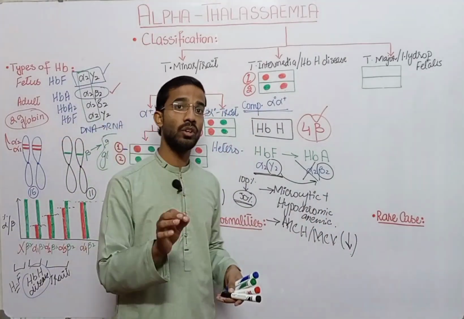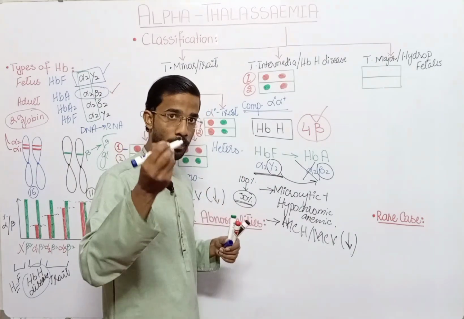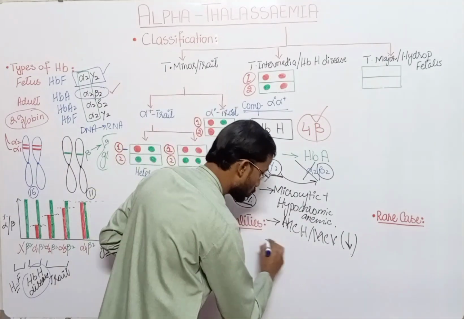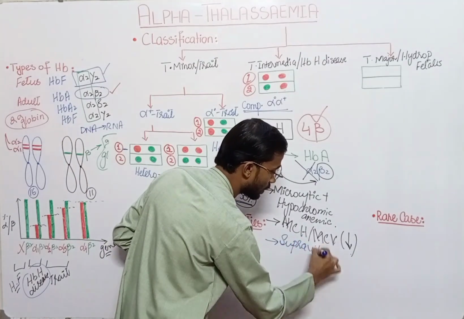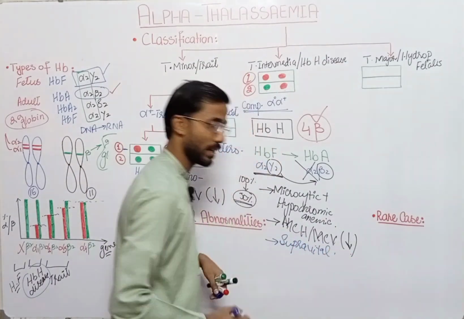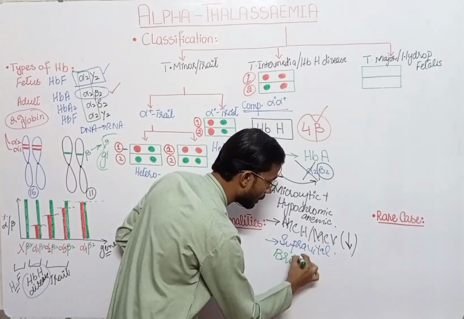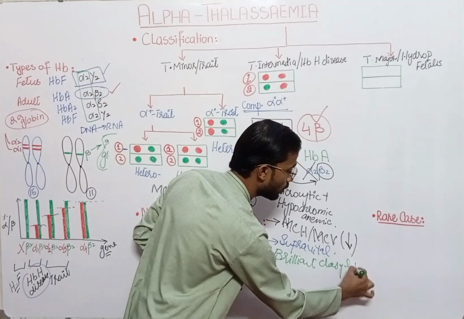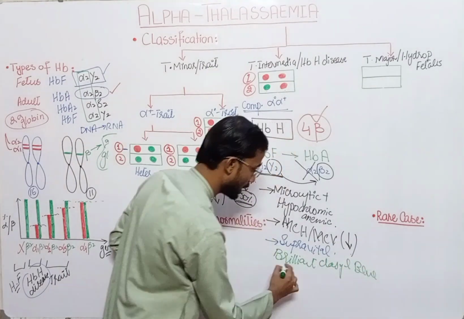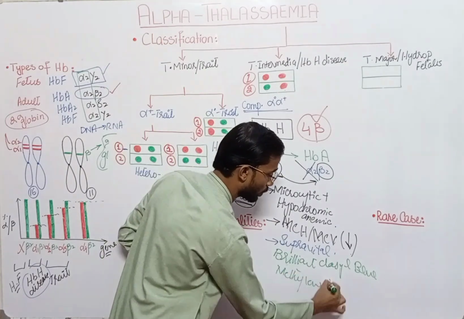And you can diagnose it in two ways. First, in microscopy, when we use supravital stain. First is brilliant cresyl blue, and second one is methylene blue.